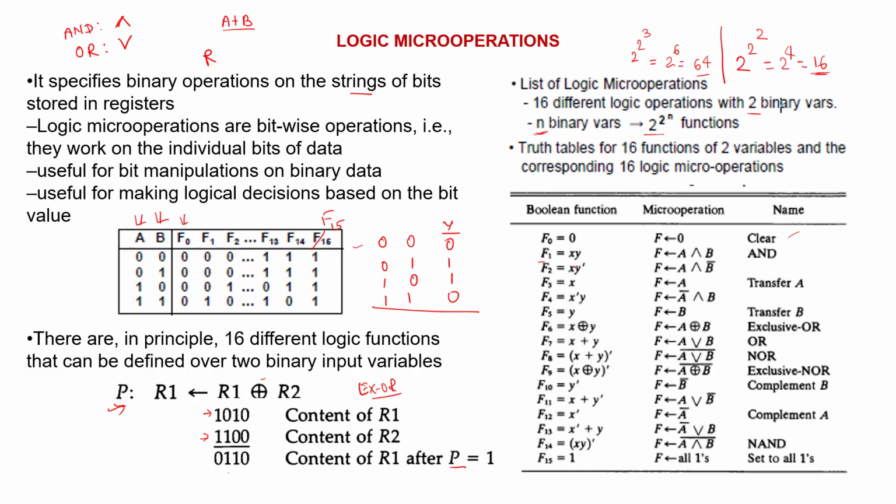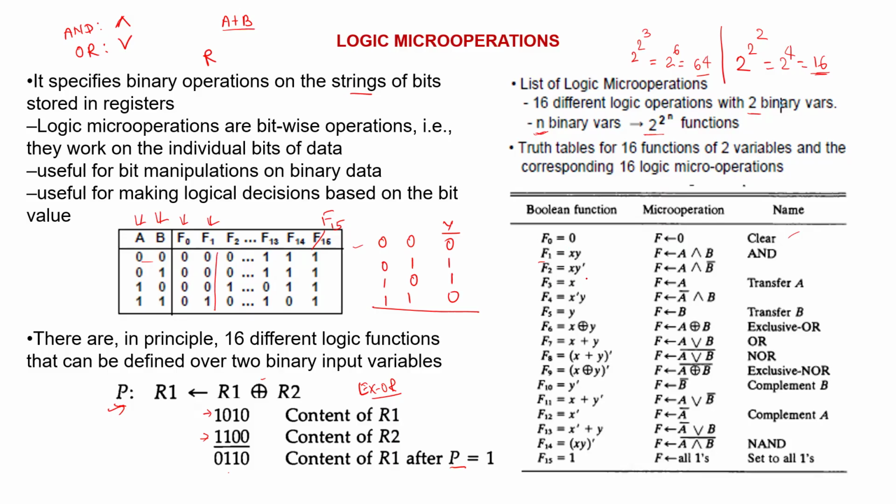So XY performs the AND operation. So this F1 is going to give us the AND operation. For an AND gate, you know that if all inputs are high, then only the output is high. So 0, 0 output 0, 0, 1 output 0, 1, 0 output 0, 1, 1 output 1. That is what we are getting here.